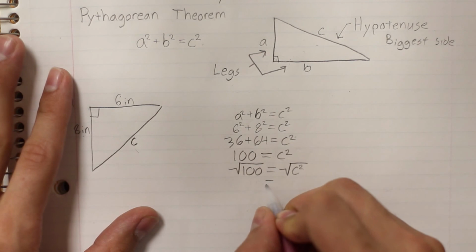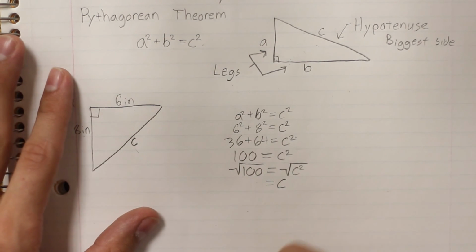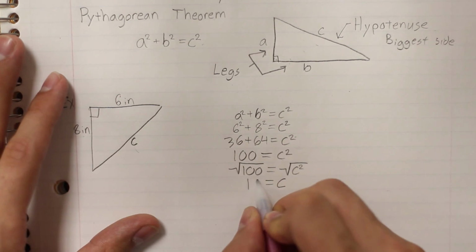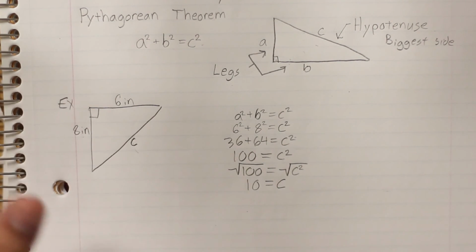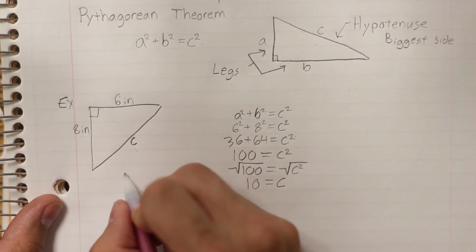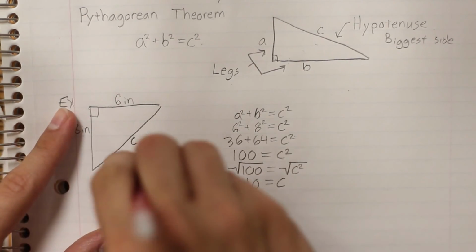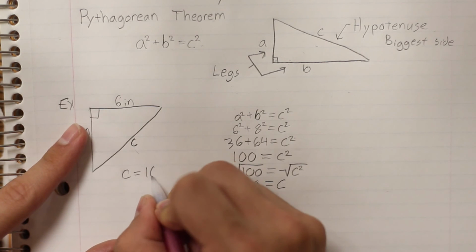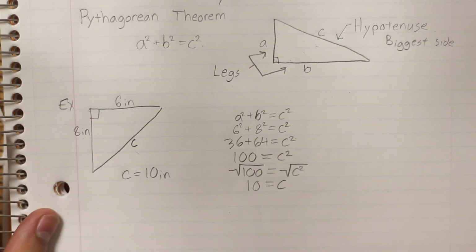So I have c on this side and the square root of 100? 10. It's 10. Voila. And that's your answer. Now remember, these were given to us in inches, so your answer would actually be c is equal to 10 inches.